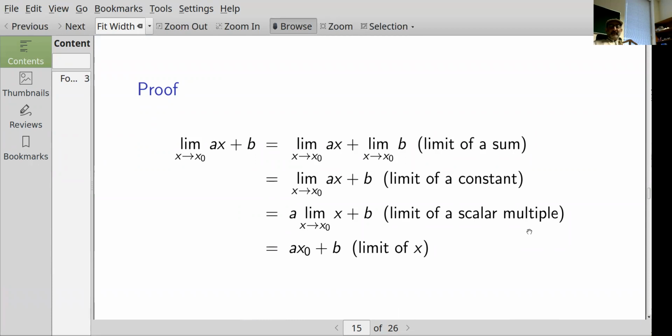Okay. The limit of a sum is the sum of the limits, so I break that up. Now it's the limit of ax plus the limit of the constant function b. And then I can pull the a out of the limit sign because that's the limit of a scalar multiple of a function. And I've already proven the value as x goes to x naught, right?